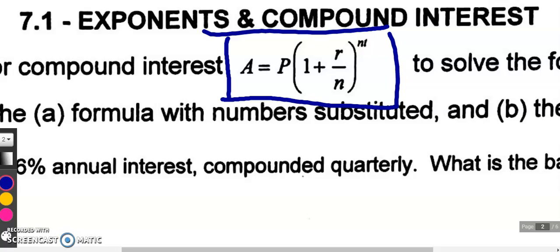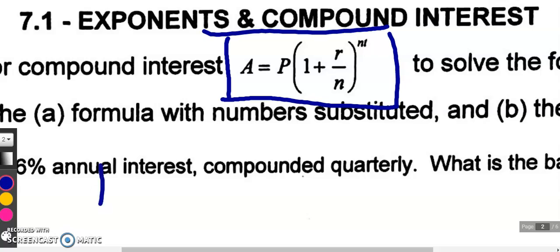So basically what that means is that you will be given a rate for the full year, but the interest gets calculated multiple times over that year, therefore changing the percentage and changing the units of time that we need to account for.